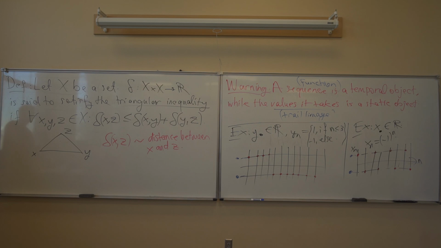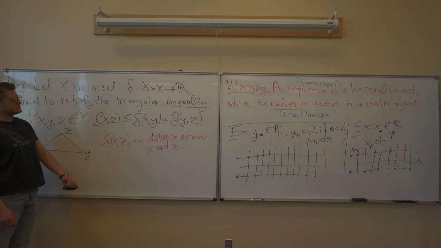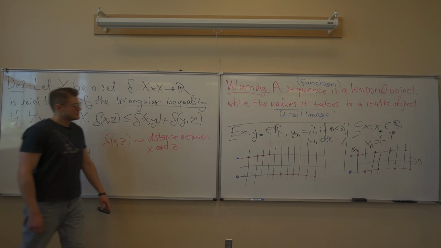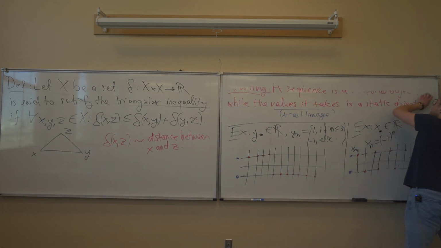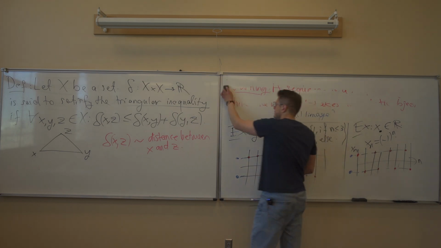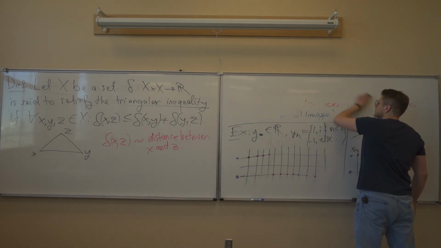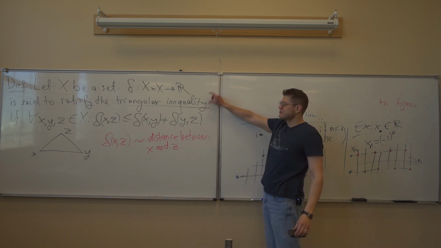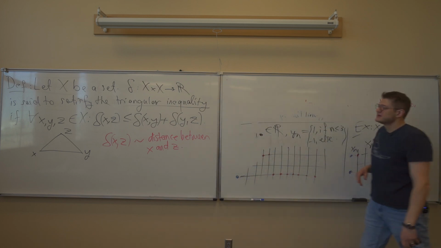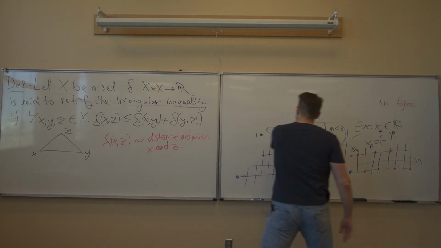In a second, I'm going to give an example for this. But let's finish this definition of a metric space. A metric is a certain function that in particular satisfies this triangular inequality. I separated out this property because the other properties are really technical properties, but this is the thing that really gives you geometry.